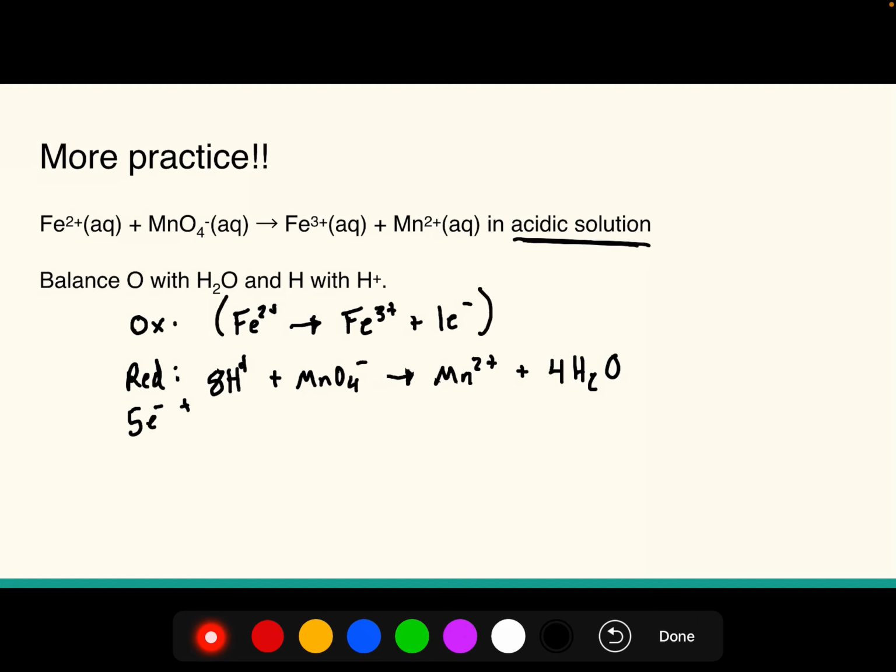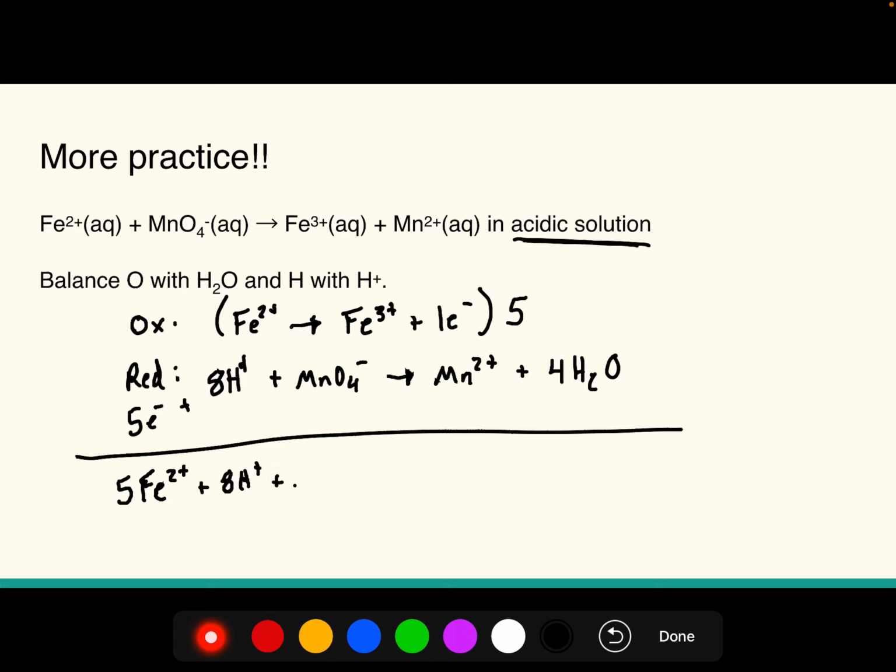Except that I have to multiply this top one by 5, that way the amount given off is the same as taken in. Now combine these, and we end up with 5 Fe2+, 8 H+, MnO4-. I should have been writing my aqueous there.